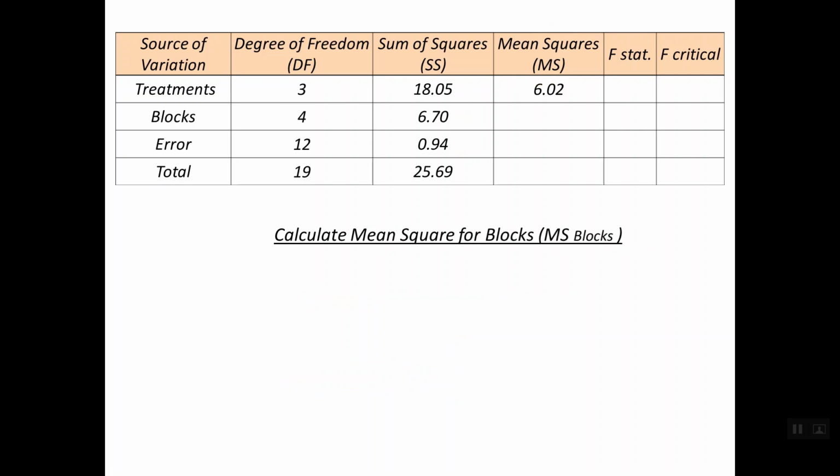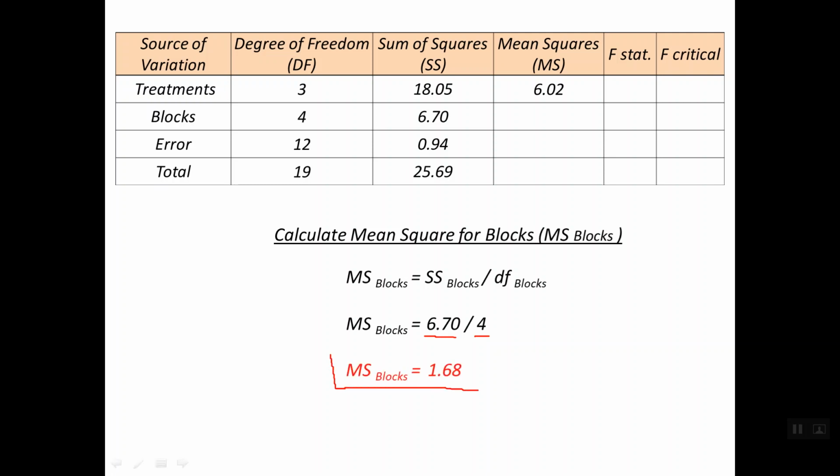Now we need to calculate the mean square for blocks, or the MS blocks, the same way. This is the value of the SS for the blocks, 6.70, and this is the value of the degree of freedom for the blocks, which is 4. So the value for the mean square of the blocks is equal to 1.68.